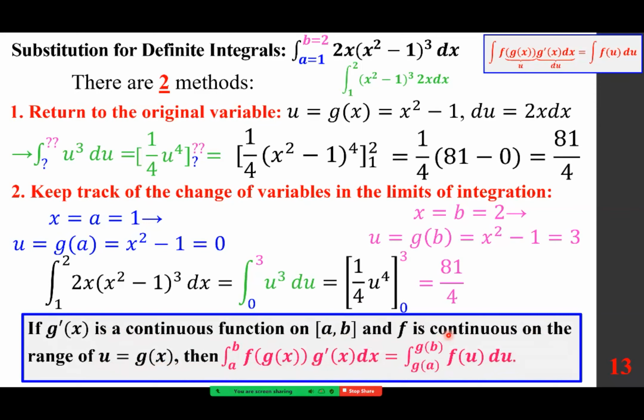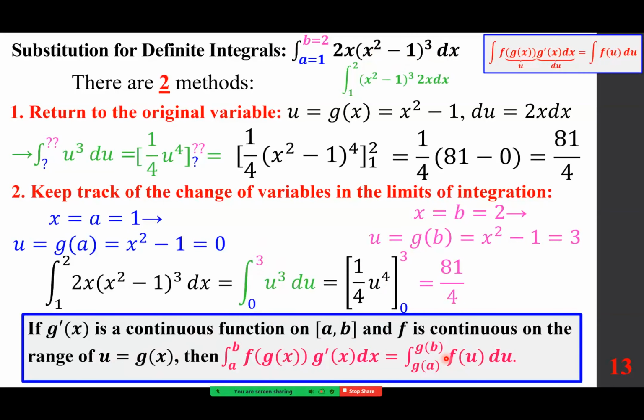In short, it means if you have this one, you can stick with the original limits here. Or this one says, if you have this one, when you change it to this one, change the limits. That's all it says. Change the limits, calculate the new limits, you're in good shape. That's the meaning of this theorem.